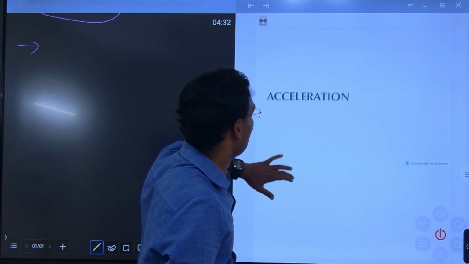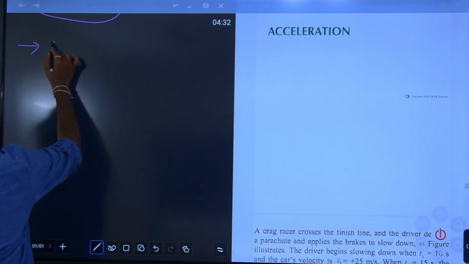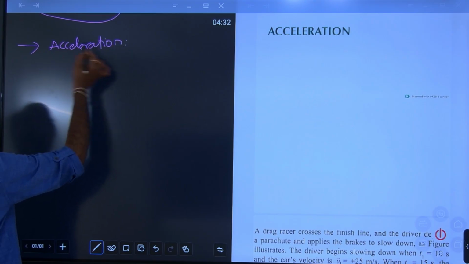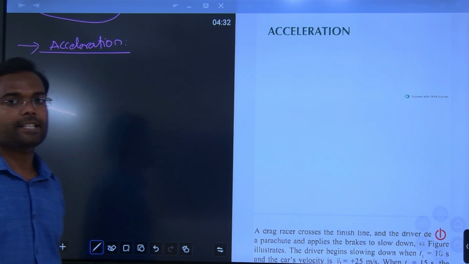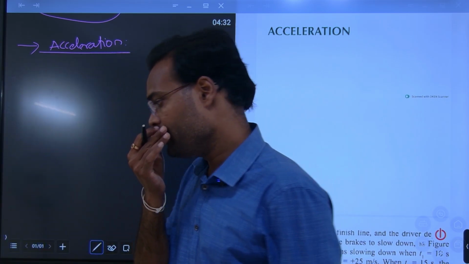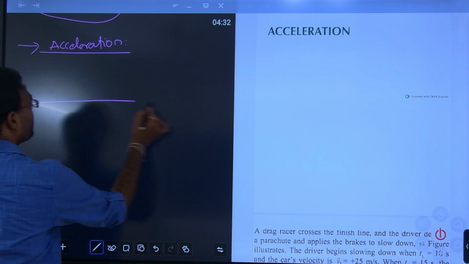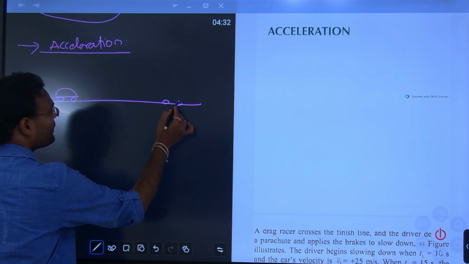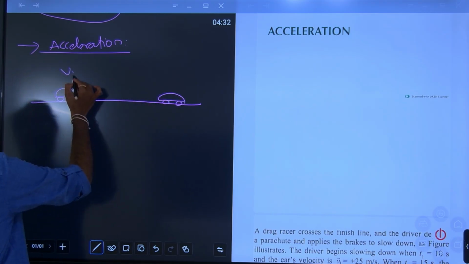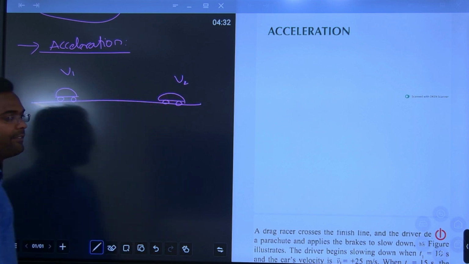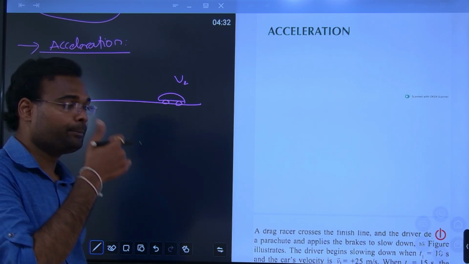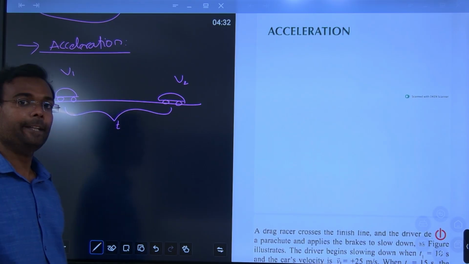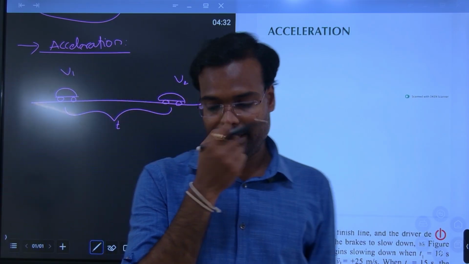Then the next one is acceleration. What is acceleration? See here, suppose an object starts its journey and reaches here. Suppose here it has velocity v1 and here it has v2. Now consider the time taken to reach from here to here.